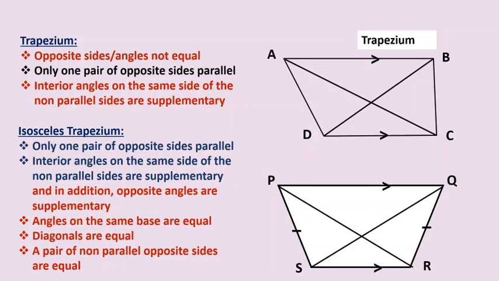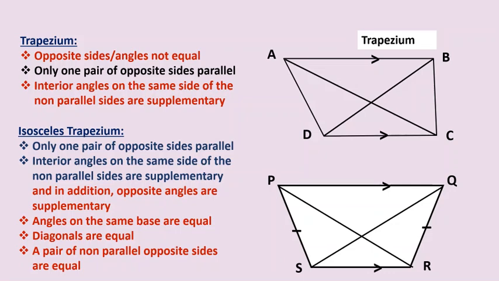Now, what is this isosceles trapezium? You can see here the white trapezium. It is isosceles. Isosceles triangle means two sides are equal. Same way, isosceles trapezium means two sides are equal. Non-parallel sides are equal. You can see that. If non-parallel sides are equal, it is called isosceles and it has some special properties.